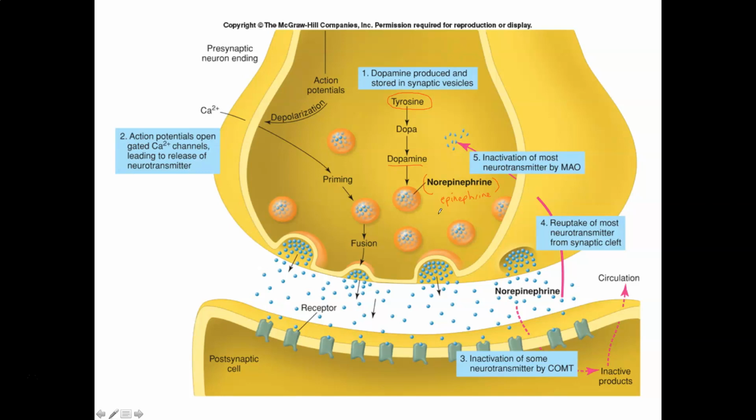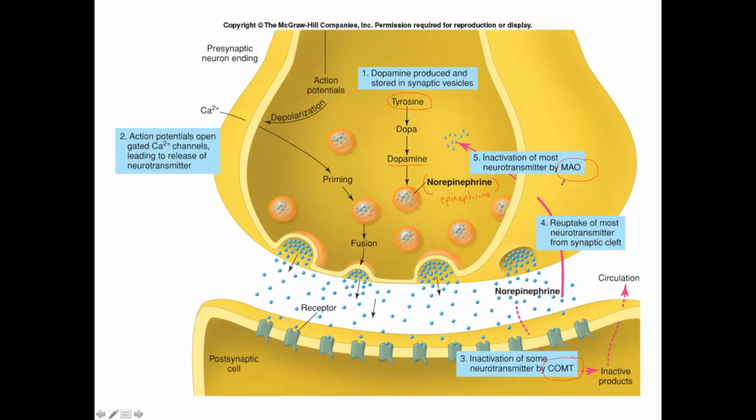The epinephrine and norepinephrine neurotransmitters can actually be deactivated. We don't want chemicals to always be active within the body, and so we have different pathways to deactivate the norepinephrine and epinephrine neurotransmitters. We use enzymes predominantly to deactivate the norepinephrine neurotransmitter. MAO stands for monoamine oxidase.